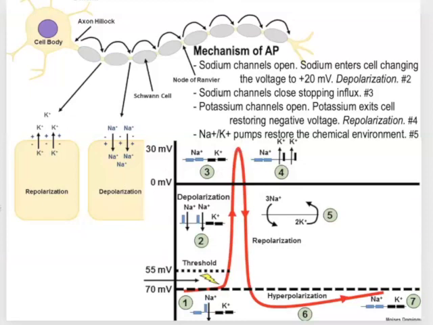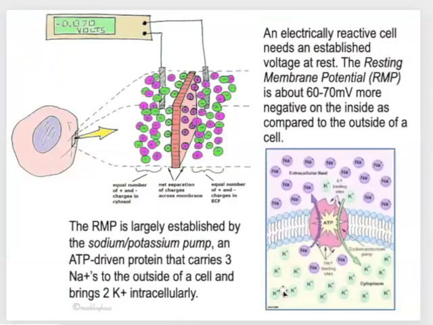When we go back to the picture before we start the nerve impulse, this is sort of at rest. We have a lot of potassium on the inside of the membrane and a lot of sodium on the outside. We do that by continuously pumping sodium to the outside and potassium to the inside.